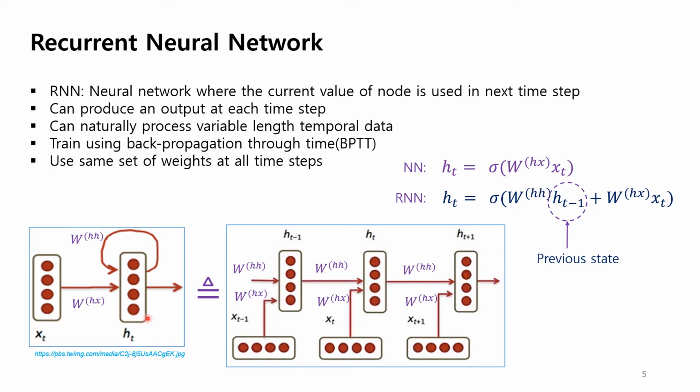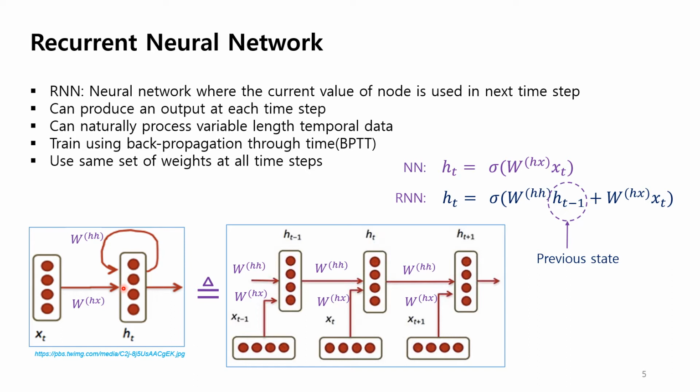But in RNN we have this arrow. It means the state of the previous step is forwarded to the next step as an input. That's the first difference in RNN.